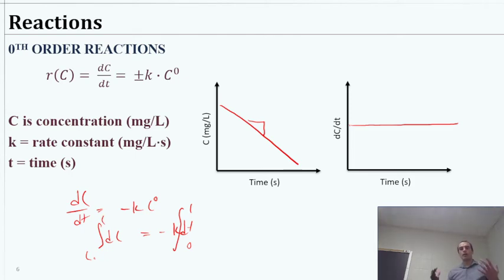So we can build these in that manner. And so this will show us that C minus C naught is equal to negative k times time.